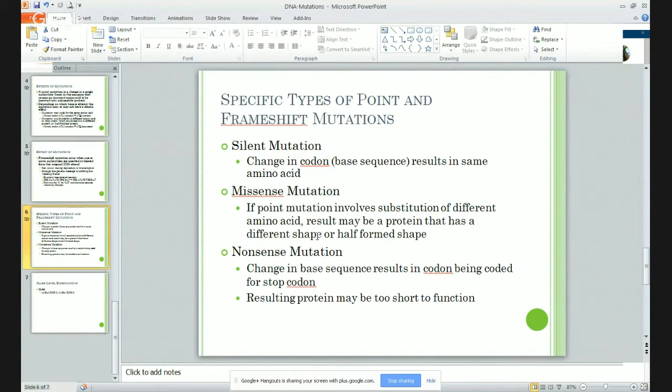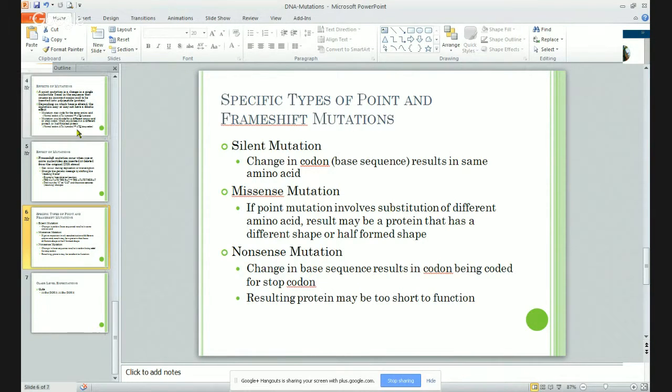If you get a different amino acid, you will more than likely get a different shape, because remember that sequence of bases is the primary structure of the protein, and then you get your secondary shape, either the helix or the beta pleated sheet, depending on the sequence of amino acids. So a different amino acid could give a different shape.